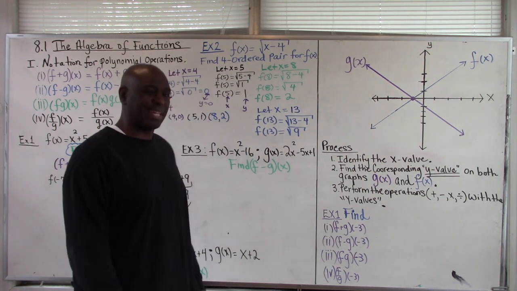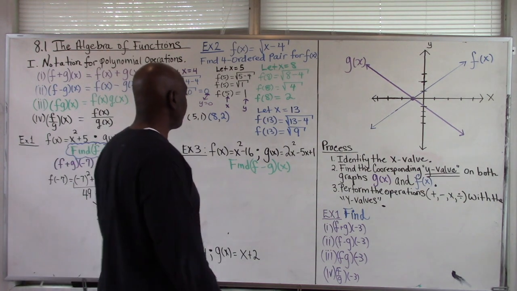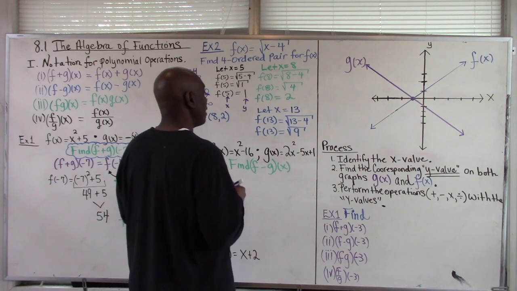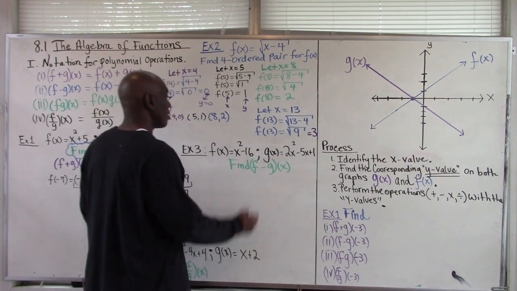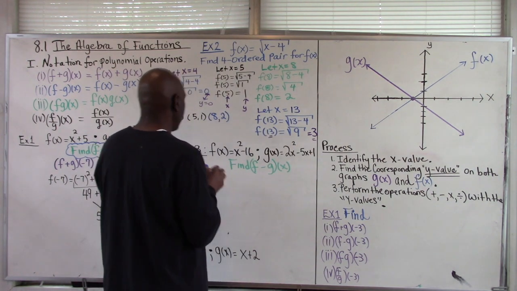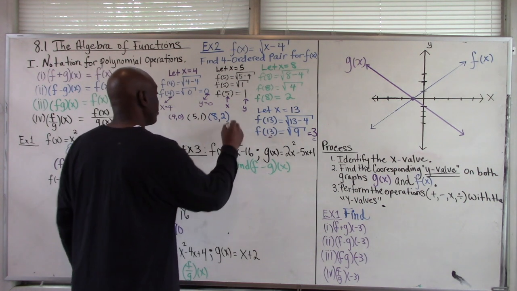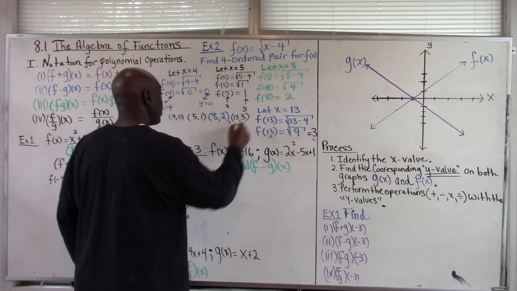Oh, wow. Now that's a little bit better, because now we can find the square root of 9. And what is the square root of 9? The square root of 9 is 3. So when x is 13, y is 3. And that's my last coordinate point: 13, 3.